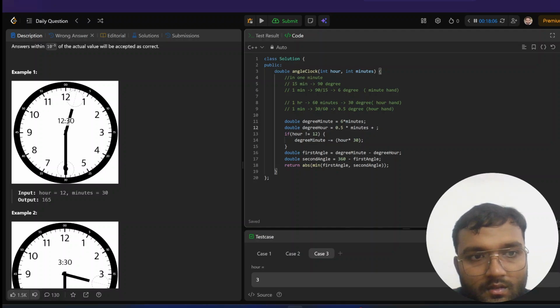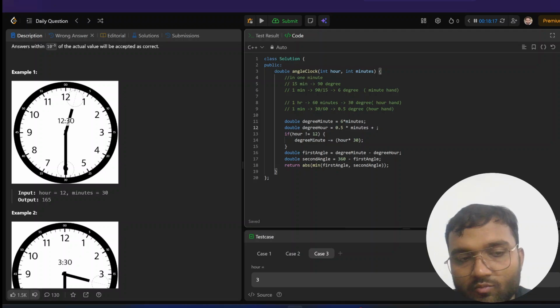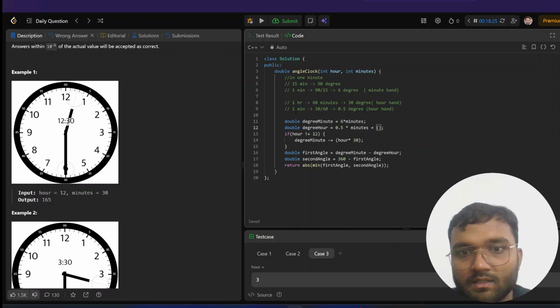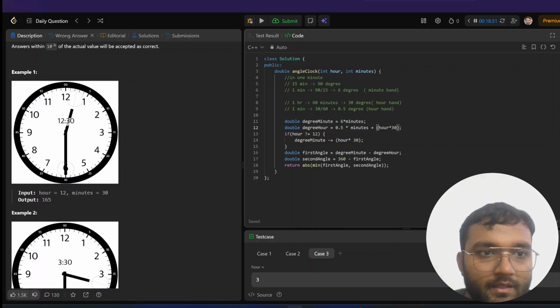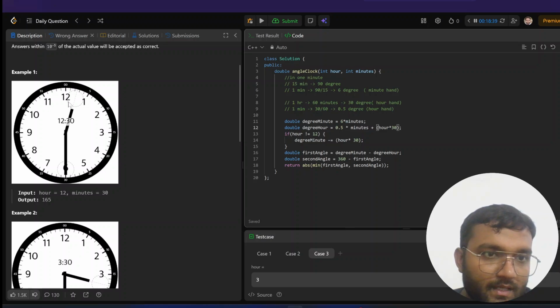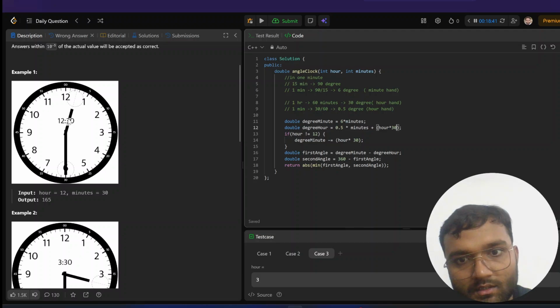So how much degree will it add? In 1 hour, the hour hand moves 30 degrees. So in x hours, it will move x times 30, that is hour into 30. This is the total movement of the hour hand from the 12.